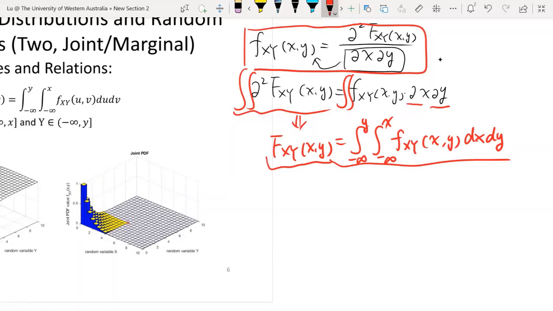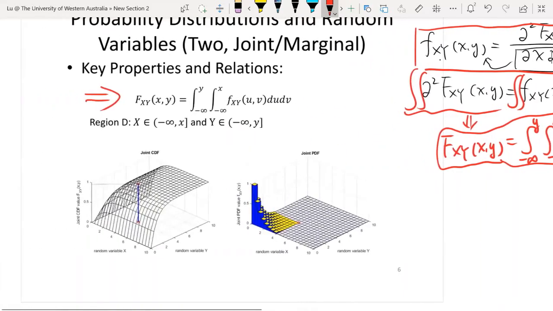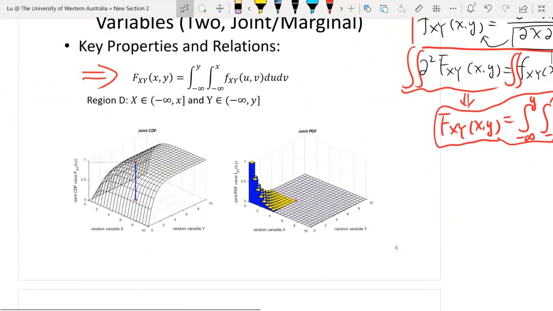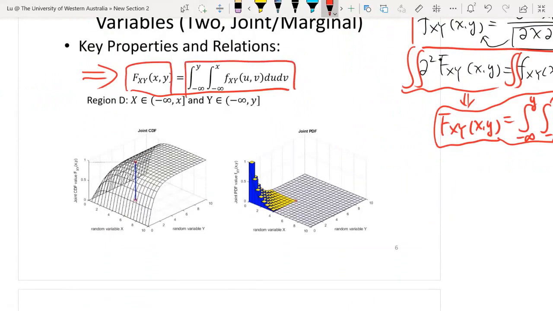But how do we understand the physical meaning of this formula? We can use the graph given at the bottom. Our formula can be divided into two parts, part 1 and part 2. The left-hand side one is the joint CDF function.